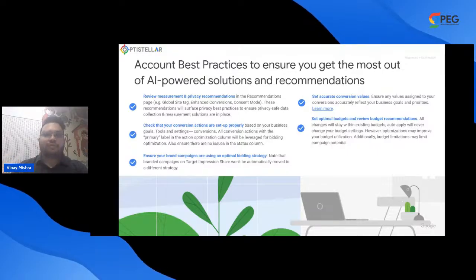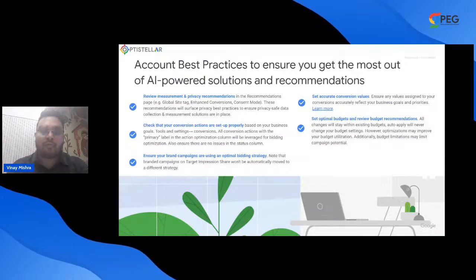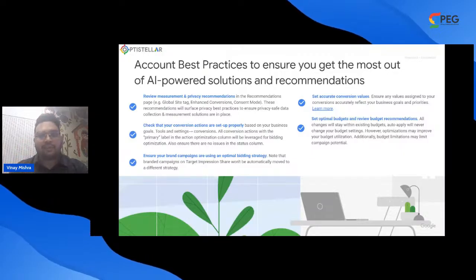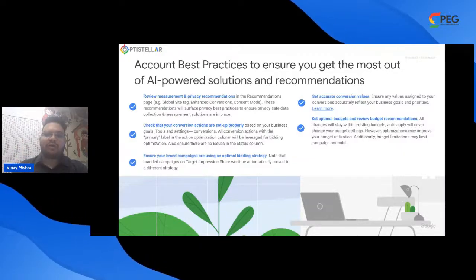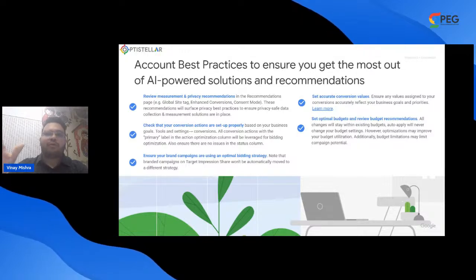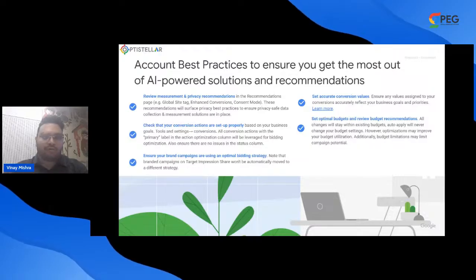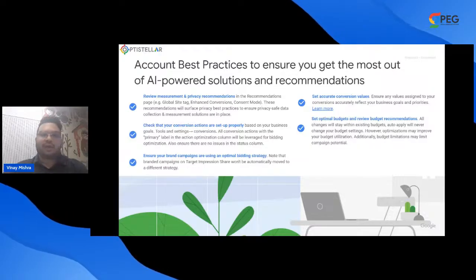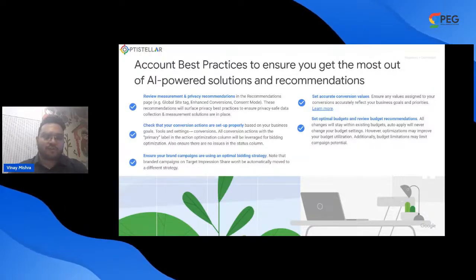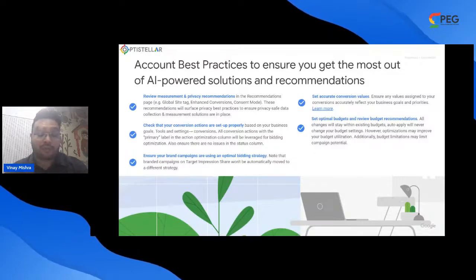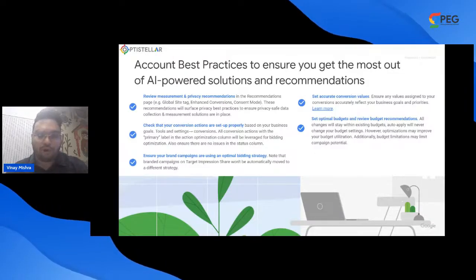So with respect to conversions, it is important that you set them up right, so that user behavior is tracked properly when they go to your website, and based on that the system can give you the best possible optimized results, or recommendations to capture more conversions and conversion volume.